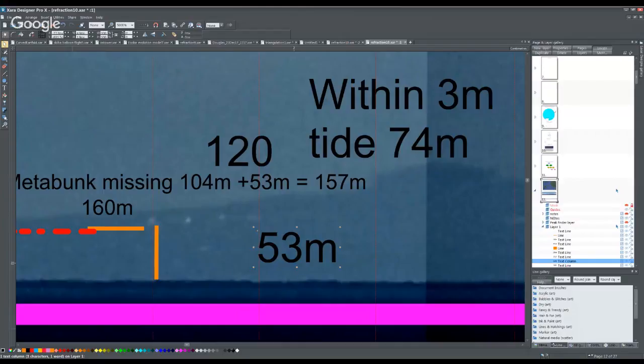I should put some markers on mine as well. It might be that the one we're looking for is one of those. Yeah, that's pretty close, probably one of those two.